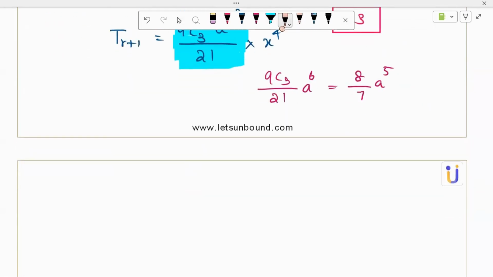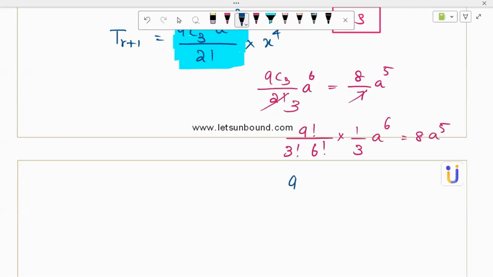We can go with the equation solver. Let me cancel this first. 9C3 is 9 factorial by 3 factorial times 9 minus 3, which is 6 factorial, and there is one more 1 by 21. So 9C3 over 21 times a⁶ equals 8/7 a⁵. If it's a calculator paper also, we need to be able to solve.